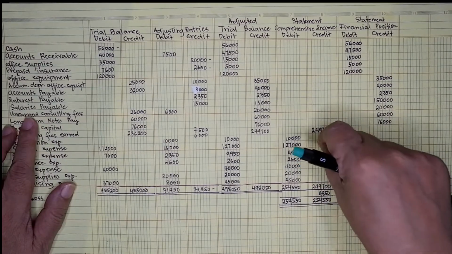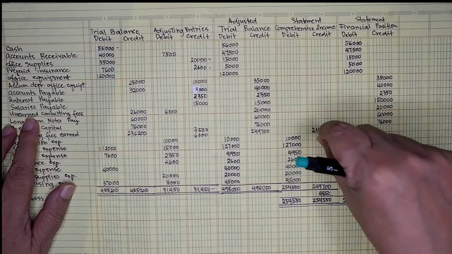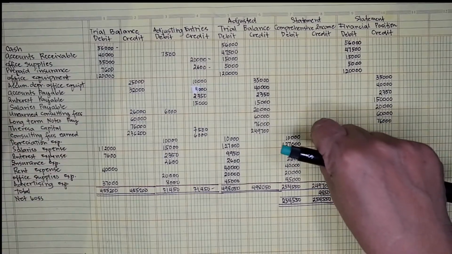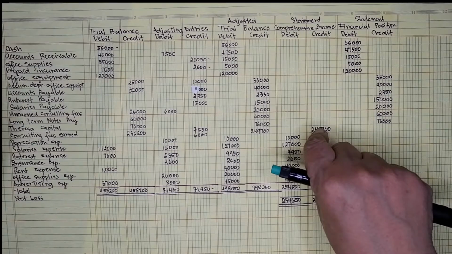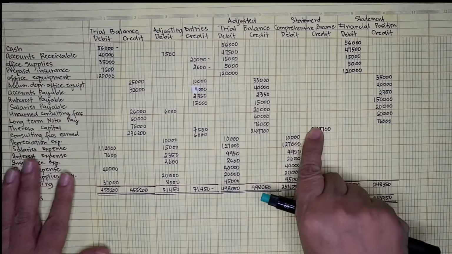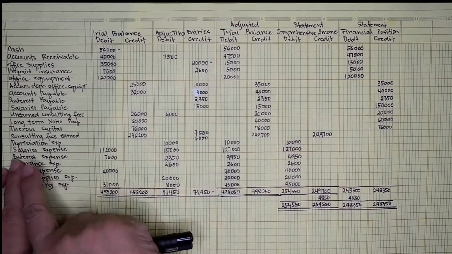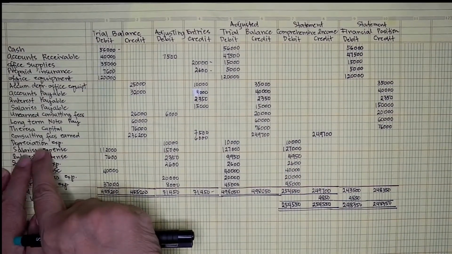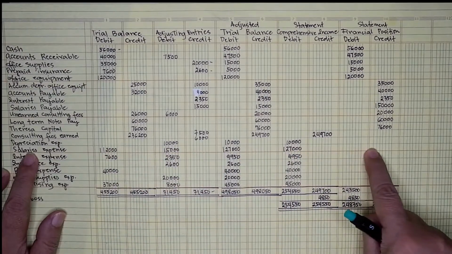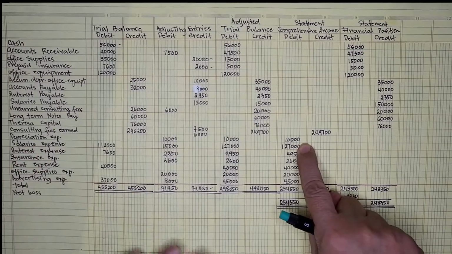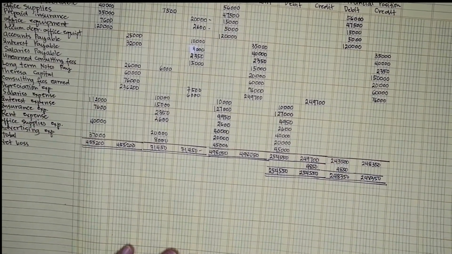So every amount should be aligned with the specific account title that you are referring to. Again, example, salaries expense. All this amount in this line refers to salaries expense. Okay?